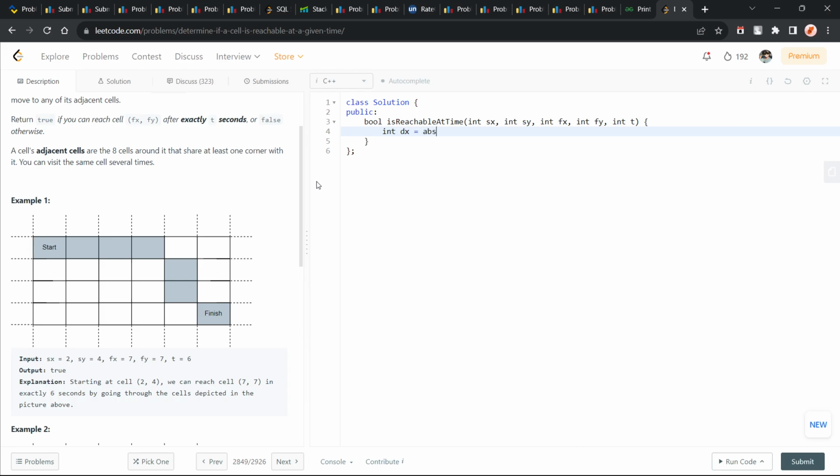Let's say dx is the absolute value of sx minus fx, and dy is the absolute value of sy minus fy. Basically, I'm trying to find the distance between the x coordinates and the y coordinates. So let us first find out the minimum time to reach these cells. It is going to be, I believe, the maximum of dx comma dy.